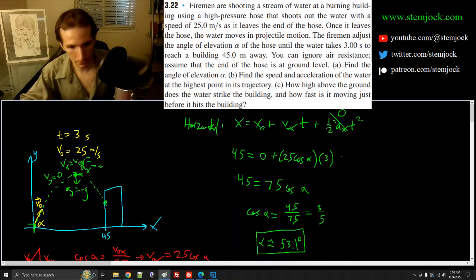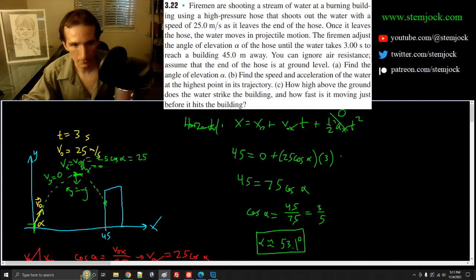So V0x is 25 cosine alpha, which is 3/5. 25 times 3/5.